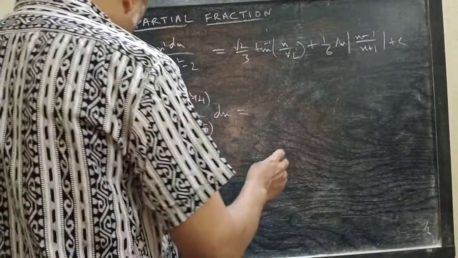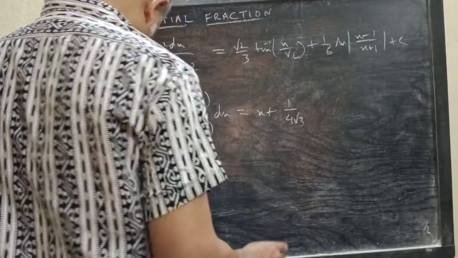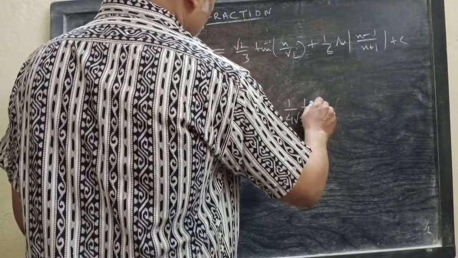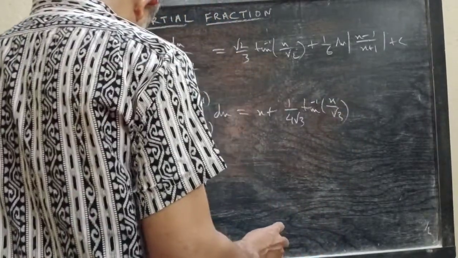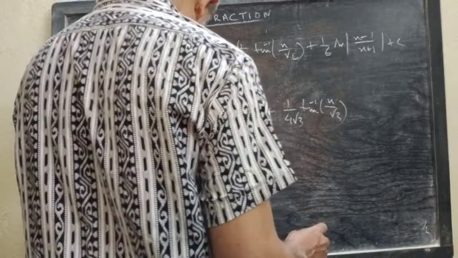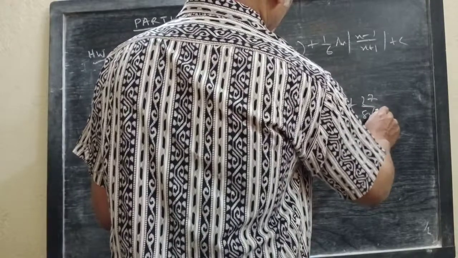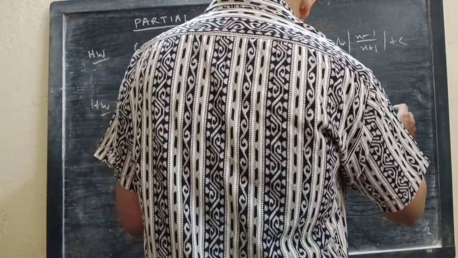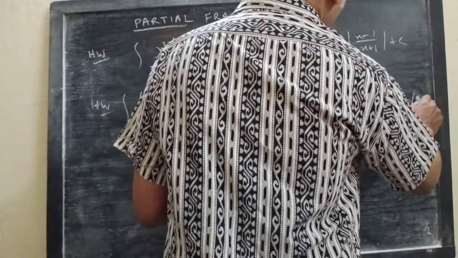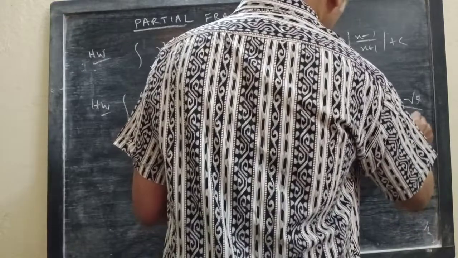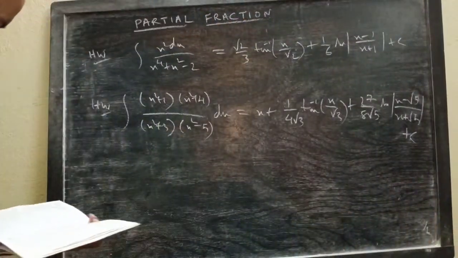Answer is x plus 1 by 4 root 3 tan inverse of x by root 3 plus 27 by 8 root 5 ln of mod of (x minus root 5) by (x plus root 5) plus c.